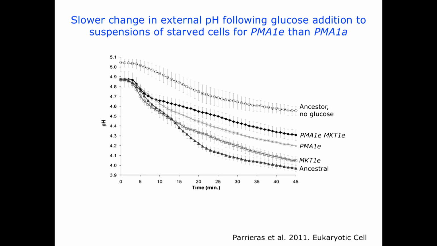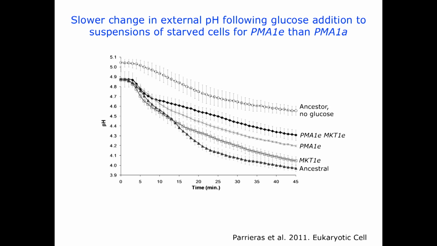So let's look at PMA1. Here's one of the mutants. What we do here is we take a cell population and starve it, and then we add back glucose and we look at the drop in pH in a lightly buffered medium. So here's the ancestor with no glucose, and you can see that even without glucose, it does acidify the medium. This is time, that's pH.